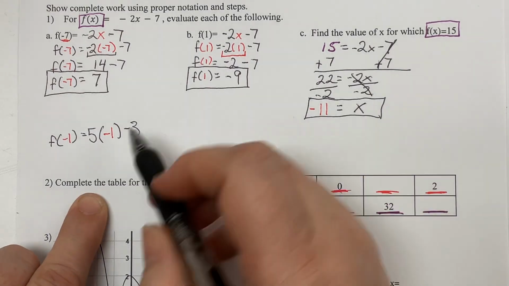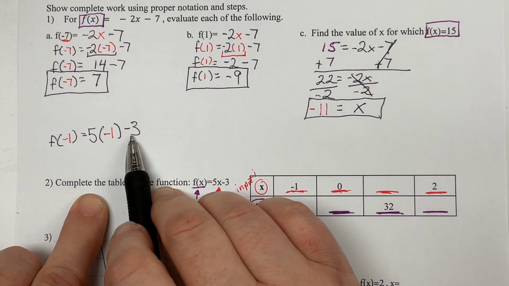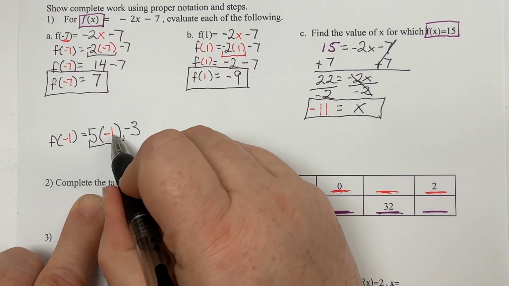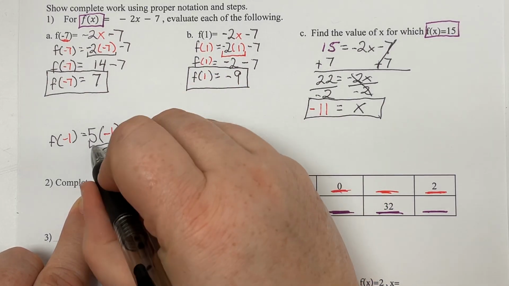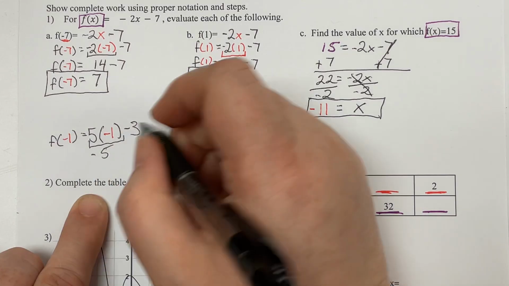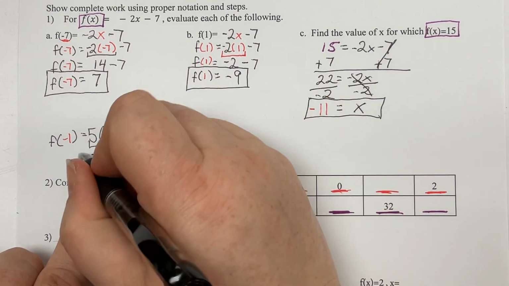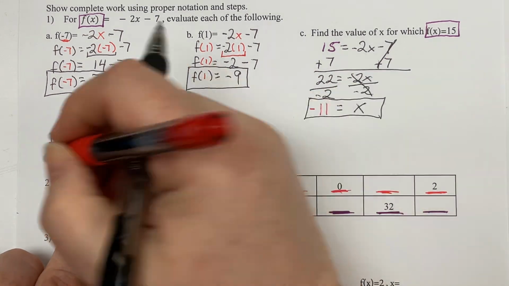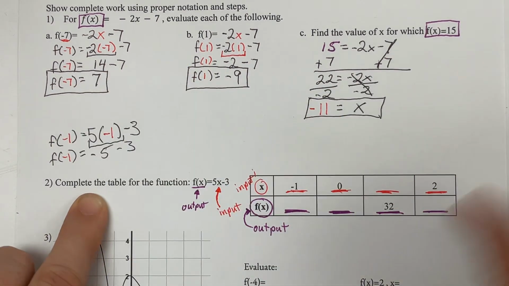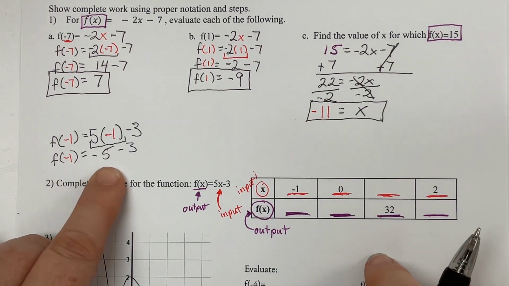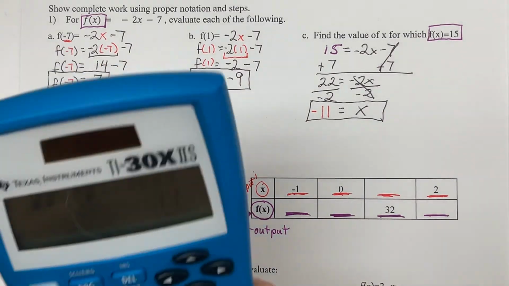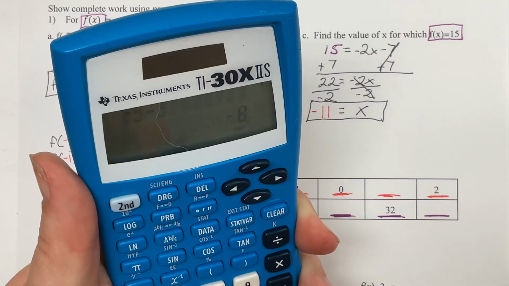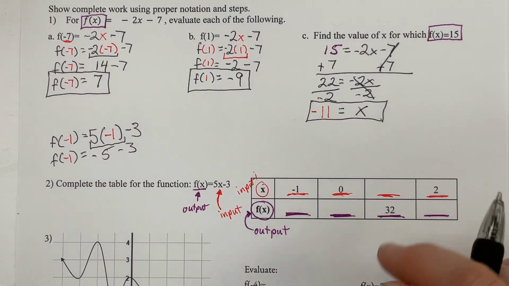Do we multiply or do we subtract first? We multiply. We know how to do this, guys. 5 times 1 is 5. Positive times a negative is a negative. Bring down my minus 3. F of negative 1 is negative 5 minus 3. Negative 5 minus 3 is negative 8.